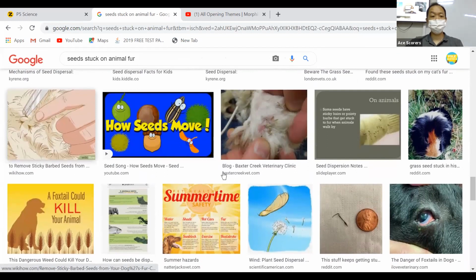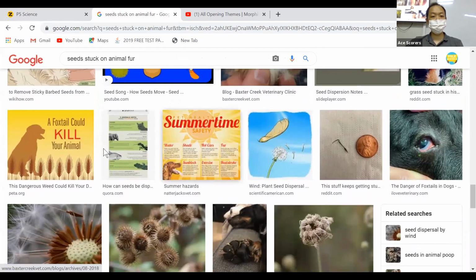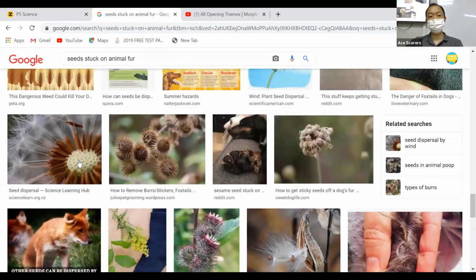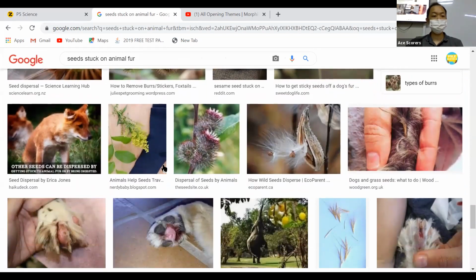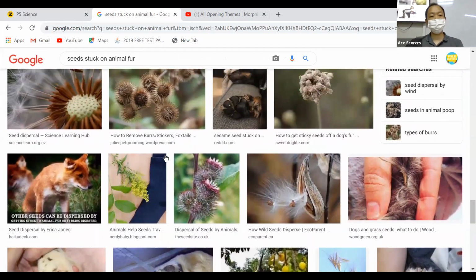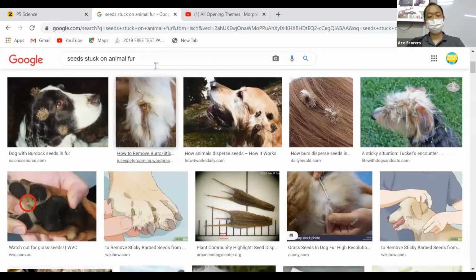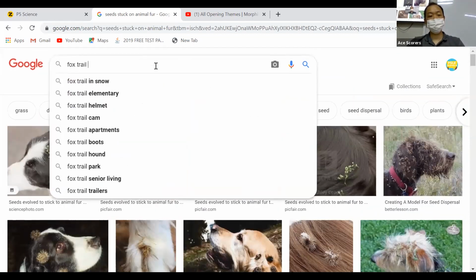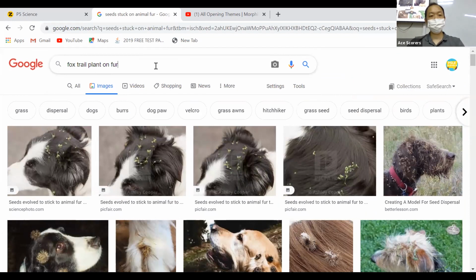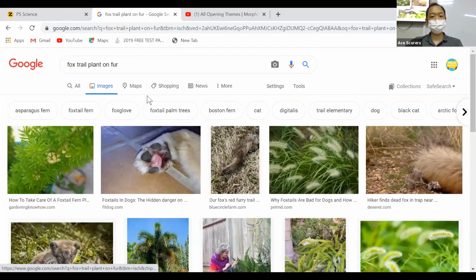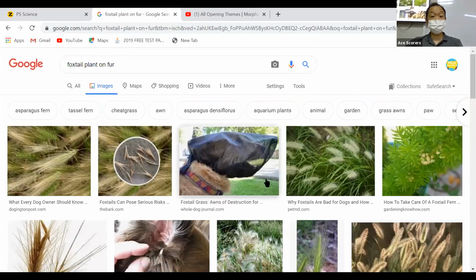No, the foxtail is the plant. The name of the plant. Foxtail. It's a plant shaped like a foxtail. Foxtail plant, tail, not trail. You have to wear this, why?